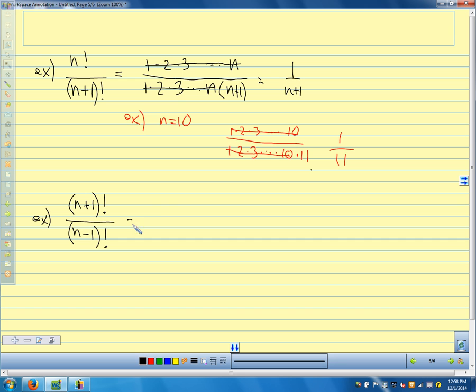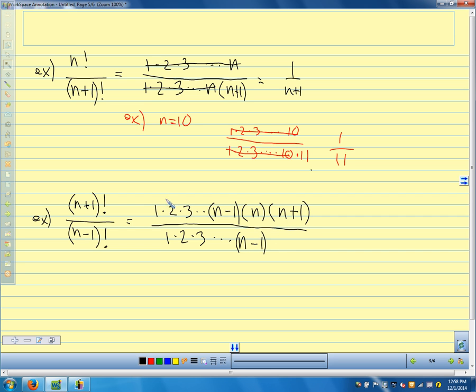The numerator is telling us to multiply 2 times 3, dot, dot, dot, and all the numbers less than n plus 1. Well, n minus 1 is less than n plus 1, n is less than n plus 1, and then we go to n plus 1. And the denominator is telling me 1 times 2 times 3, dot, dot, dot, all the way to n minus 1.